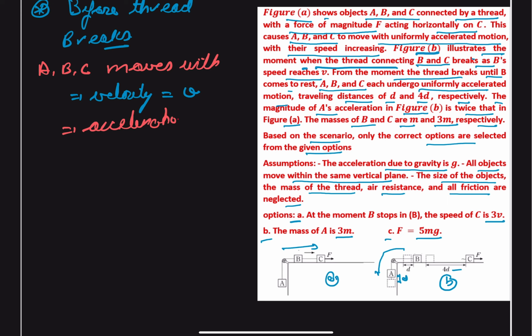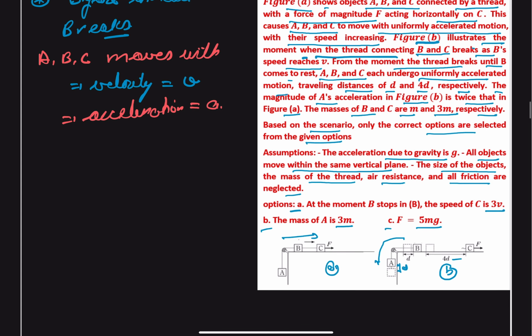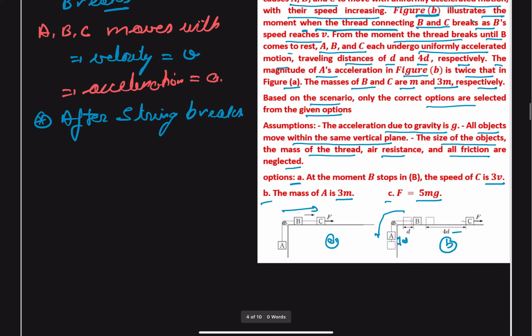And after the thread breaks, it is given that the distance traveled by B is d and the distance traveled by C is 4d.